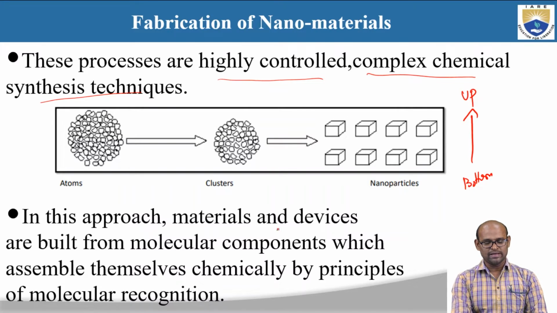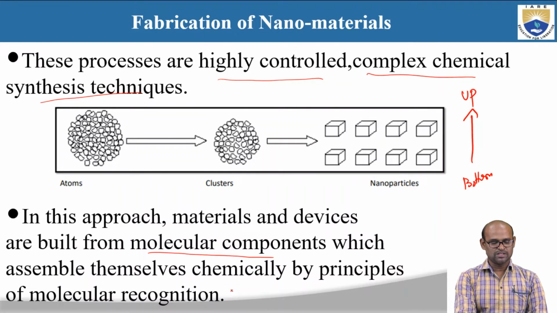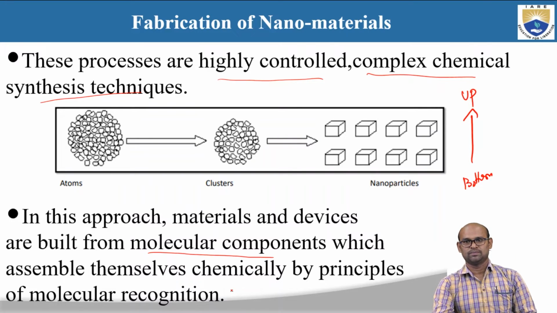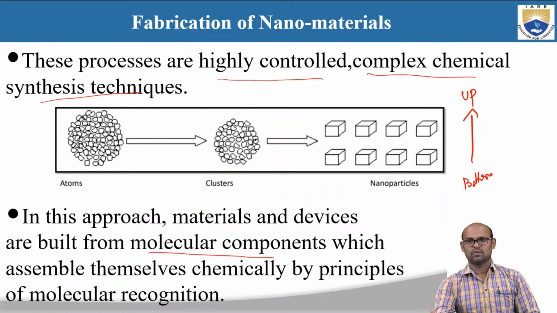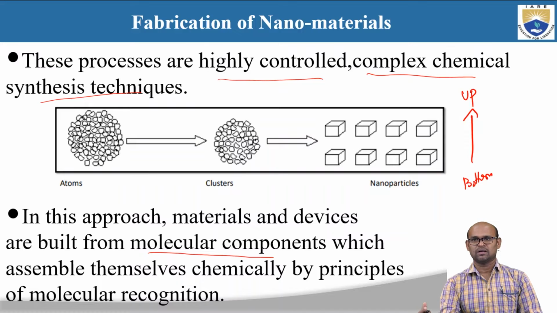In this approach, materials and devices are built from molecular components which assemble themselves chemically by principles of molecular recognition. When we take many atoms together, they will group together to form a cluster, to form a material. How do they group together to form a particular nanomaterial?